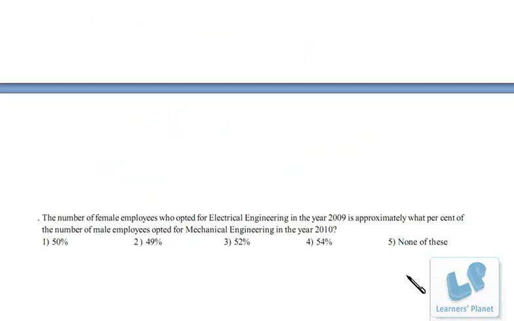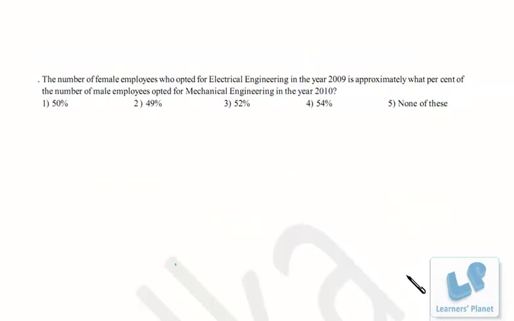Now let's see, that's 11 by 21 into 100. If we divide 21 by 11, it will be a bit less than 2, right? So if we divide 100 by a number that is a bit less than 2, then it will be a bit more than 50%. So that's 52%. Okay, I hope you are clear.